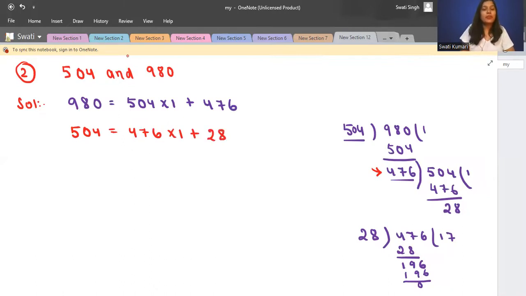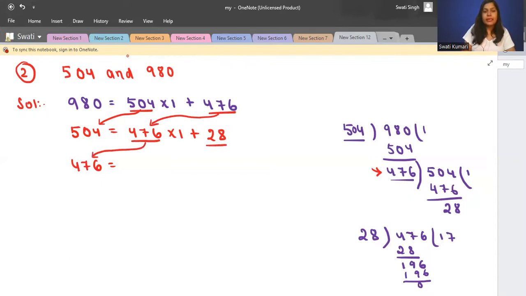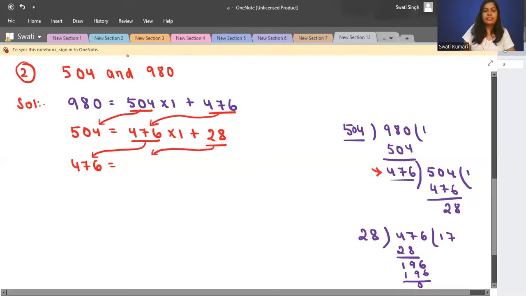Again, we have not got our HCF because this 28 is still not a 0, right? Now, let us move ahead. Now, this 476 will become dividend, right? You can just see here that this 504 has come here and this remainder has become the divisor, right? Same thing. This 476 will come here and this 28 will become the divisor, okay?